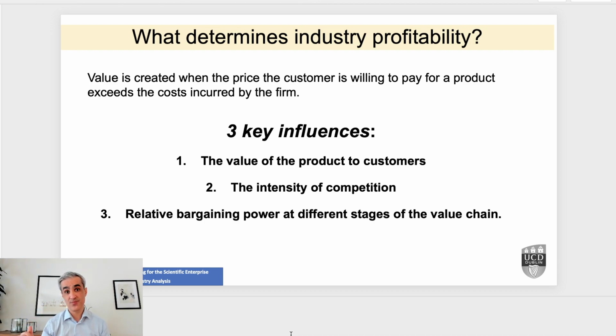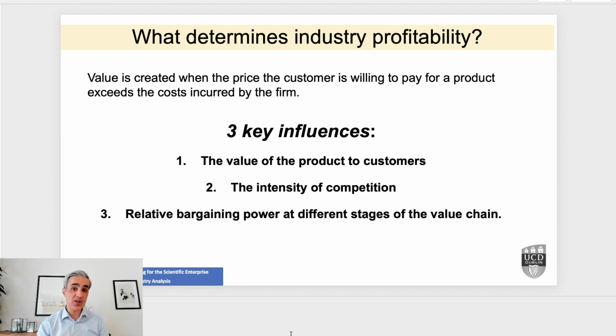And the third one, which is connected to the second one, is your bargaining power at different stages. That means how much control you have over the price you charge for your product. Like in the airline example, how much power do you have as a petrol provider to charge more? Well, it depends on the competitors. But then as well, we need to look at how much control you have over those who actually sell you the materials you need to produce your product.